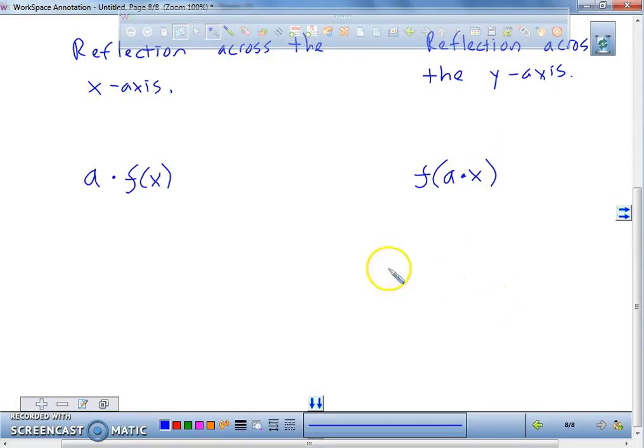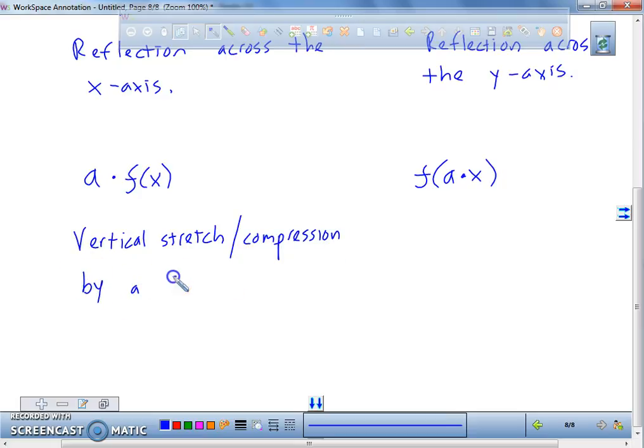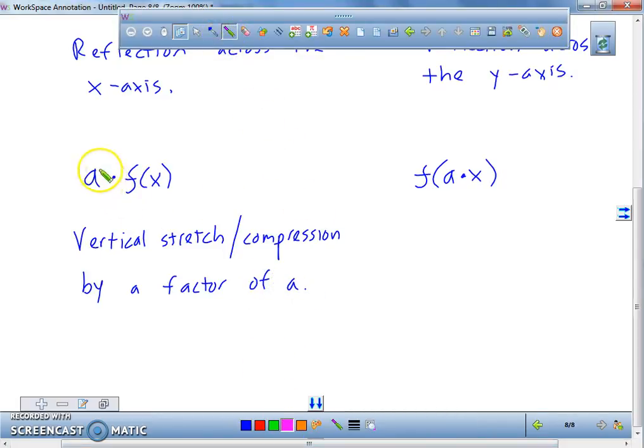If the number's on the outside, it's going to be a vertical stretch, or it might be a vertical compression by a factor of whatever the a value is. So when you have a number times f of x, that's either going to be a vertical stretch or a compression by that exact number.